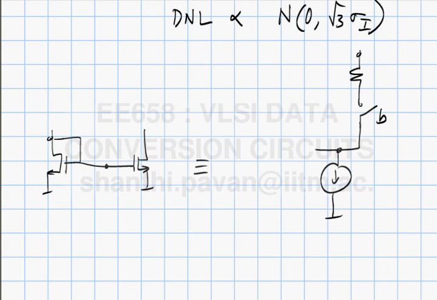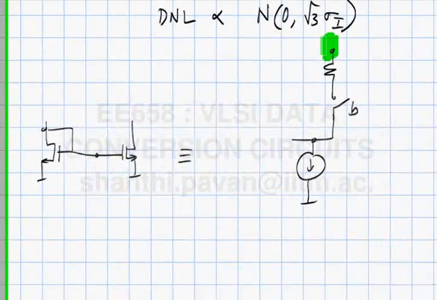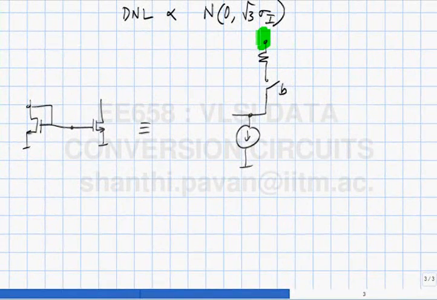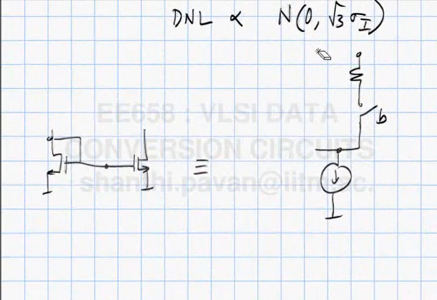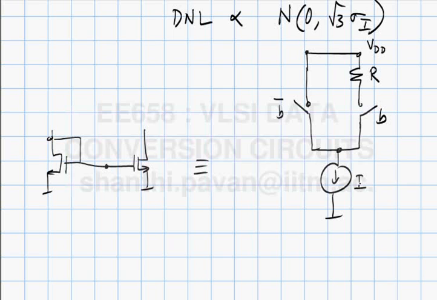So presumably the topmost terminal of the resistor cannot be ground, correct? So it has to be a high potential, so let's call that VDD. And when you do not want the current, you can dump it off to some other path.